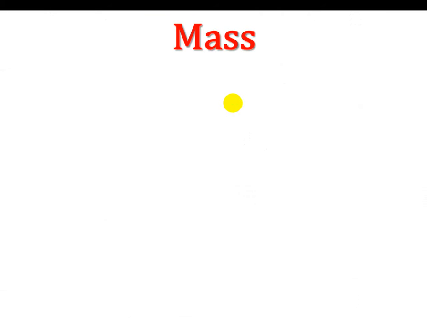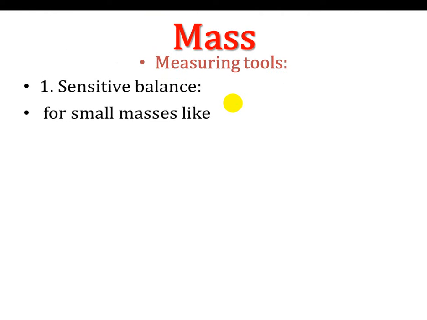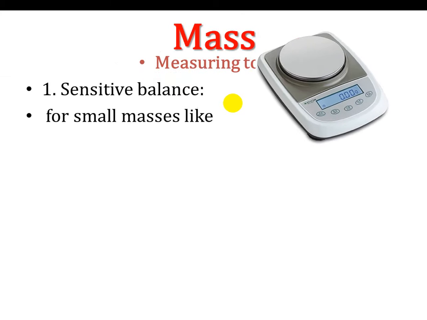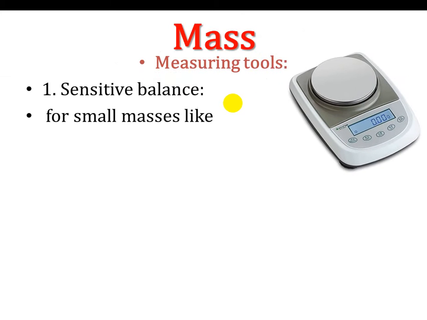What about the mass? The mass has measuring tools like the sensitive balance. The sensitive balance is used for the small masses, like this is a picture of the sensitive balance. And the sensitive balance is used for small masses like gold and jewelries and chemicals.